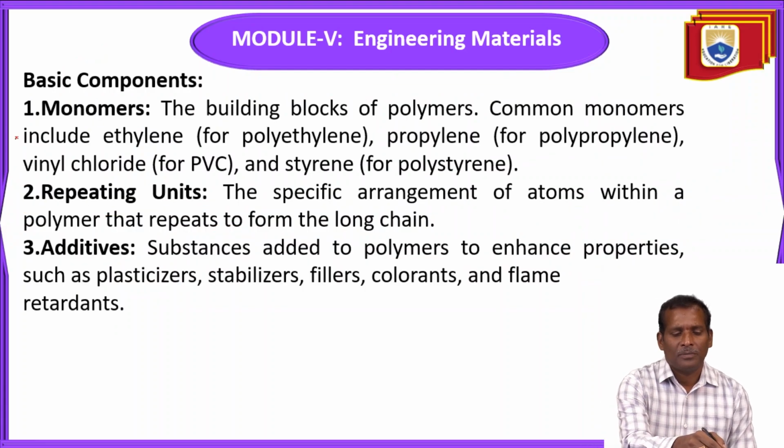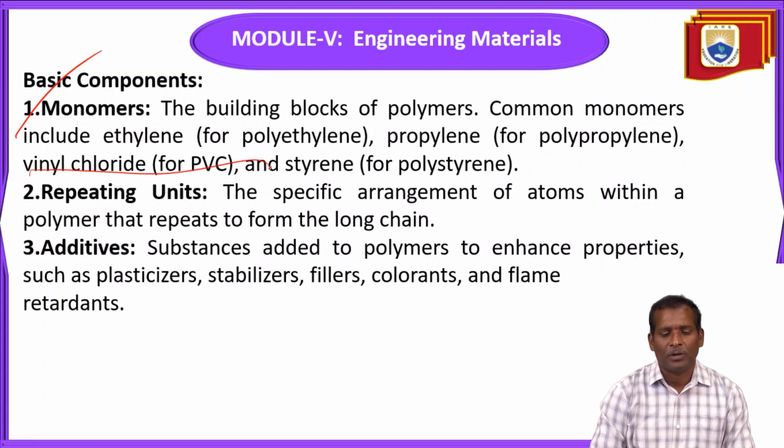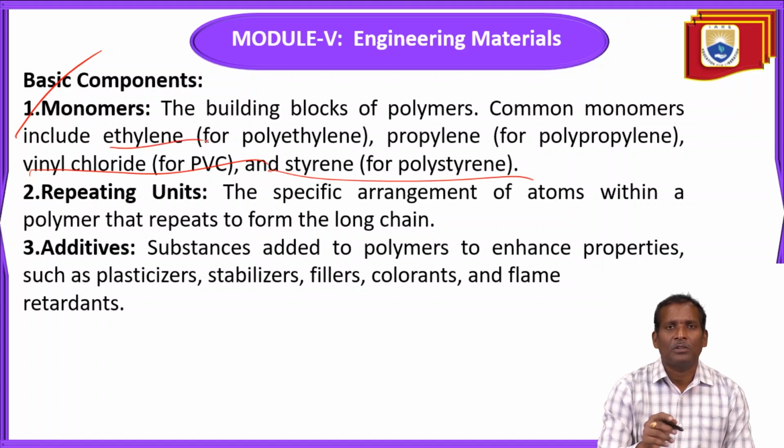The basic components: monomers, the building blocks of polymers. Common monomers include ethylene for polyethylene, propylene for polypropylene, vinyl chloride for PVC pipes, and styrene for polystyrene. These are all monomers.